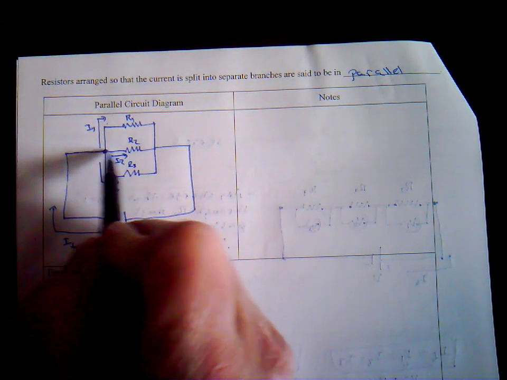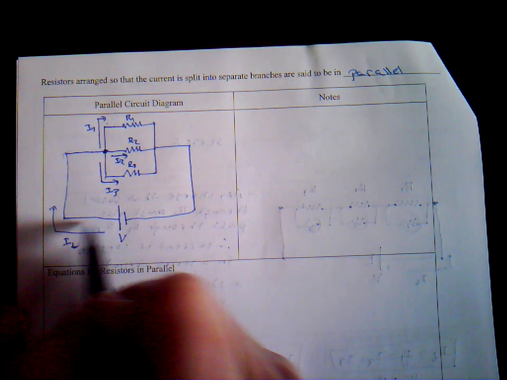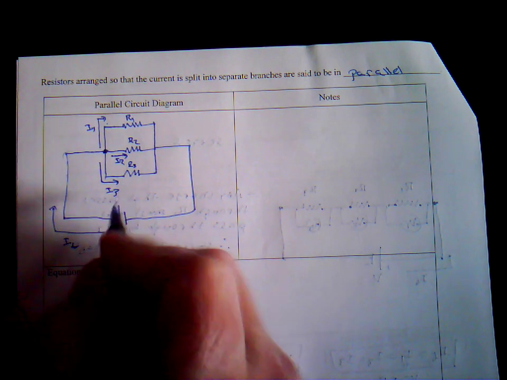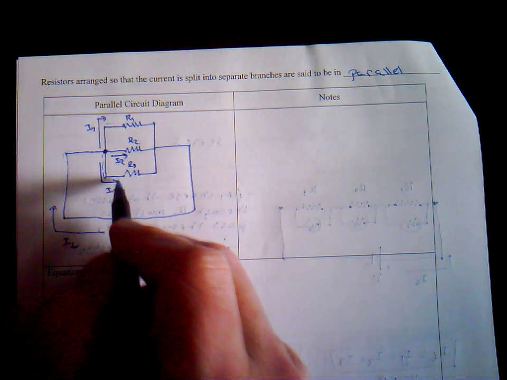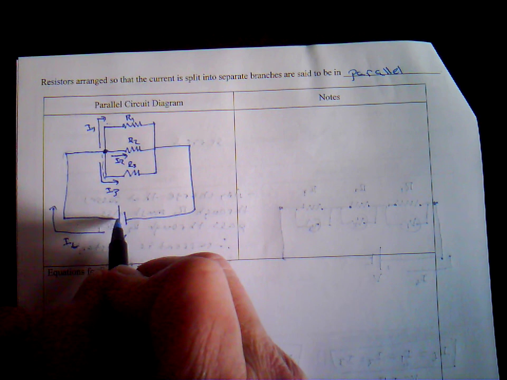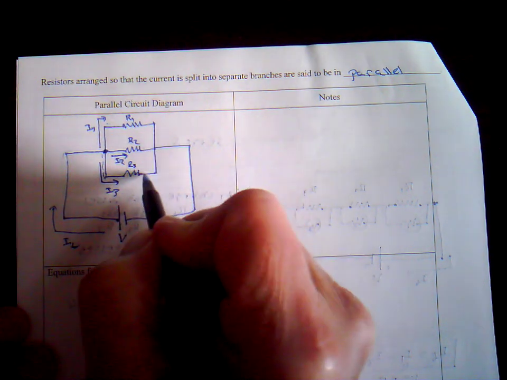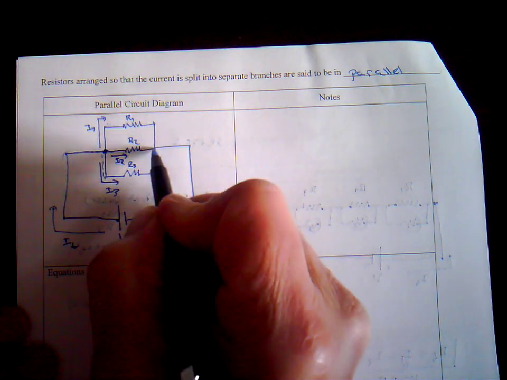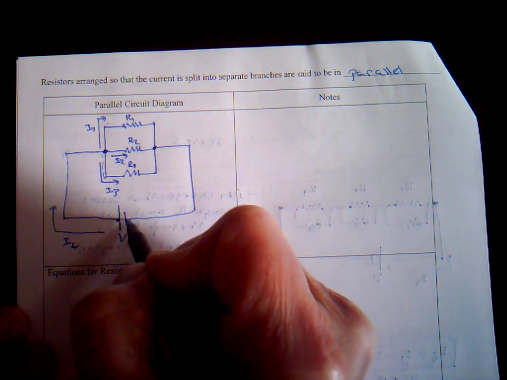Now notice, each of these resistors is connected to this point, and this point is connected to this terminal of the battery. So all three of the left sides of these resistors are at the same potential as this side of the battery. All three of the right sides of the resistors are connected to this node or point, and that is connected to this side of the battery.